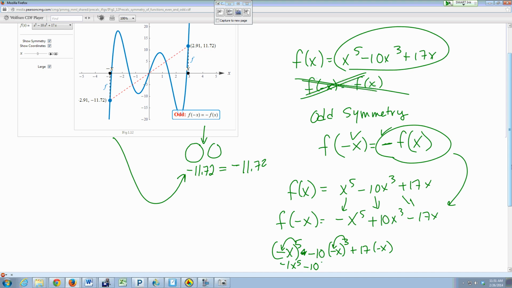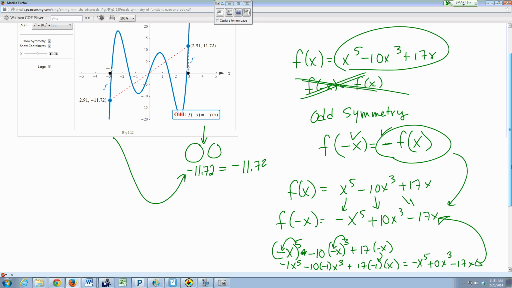Negative 1 cubed is going to give me a negative 1x cubed. So what do I get here? I get negative x to the fifth plus 10x cubed minus 17x. Voila. That's the opposite of my original function.